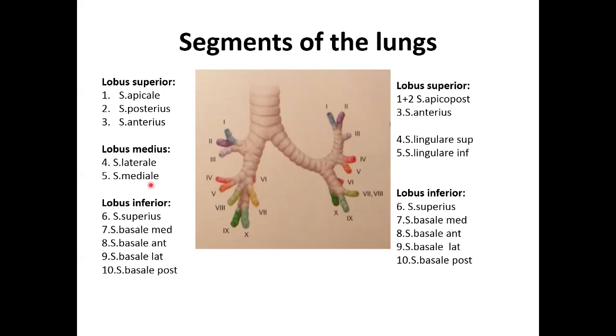Segmentum mediale, number 5, belongs to the lobus medius of the right lung, pulmonis dexter, and so on. This is very important information, and you shall find it in your tests.